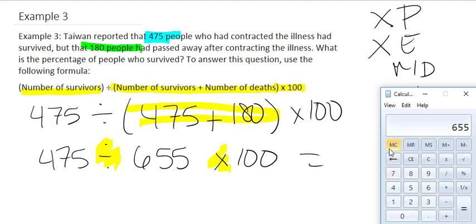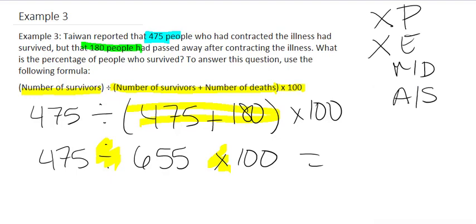So we have 475 divided by 655, which is equal to 0.7252 as we're going to round. So 0.7192. And we're going to multiply that by 100.